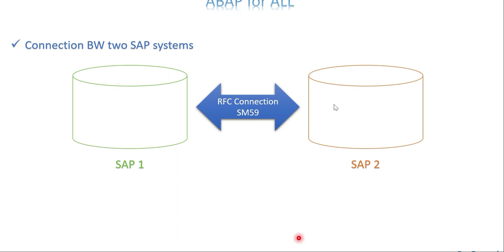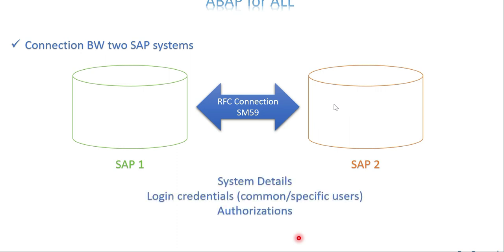Once that is done, you can use a remote enable function module to transfer the data. The transaction to create a connection is SM59. What else is needed to create a connection is very simple. So here I can say SAP1 to SAP2.